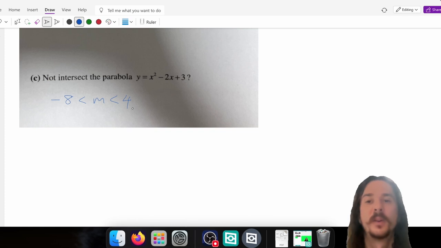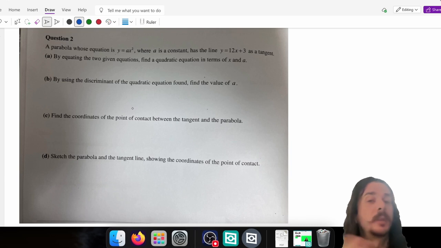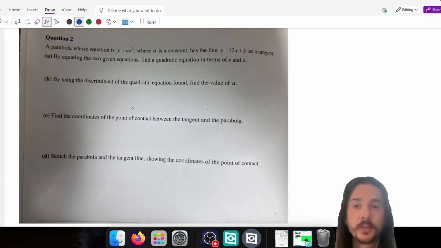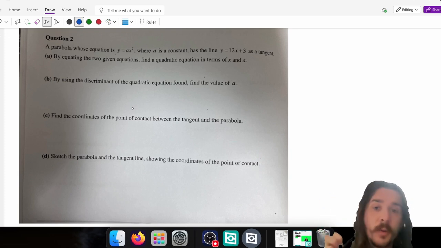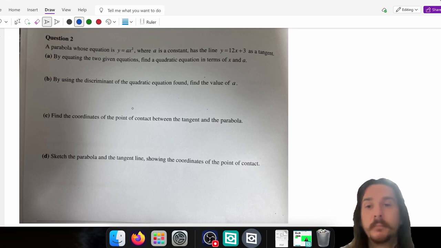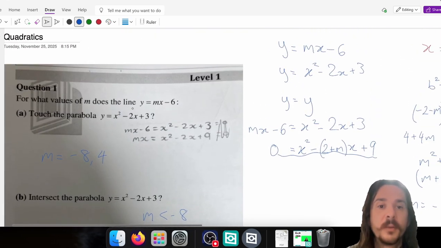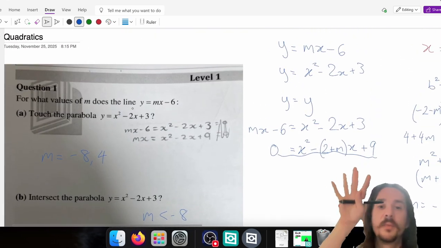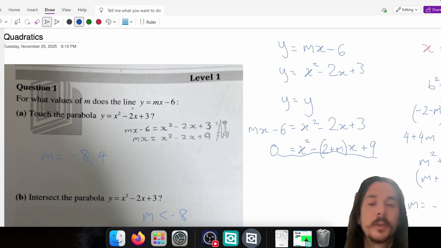Boom. Awesome. So by equating the two given equations, straight up, they're telling you this is a simultaneous equation question. So we just need to equate them, and we need to rearrange it to find a quadratic in terms of x and a, right? So basically, like we did up here, where we equated them and then moved everything to one side to turn it into that quadratic, that's all we're doing down here.